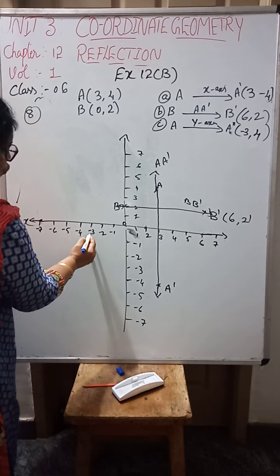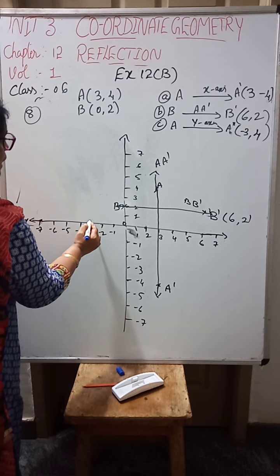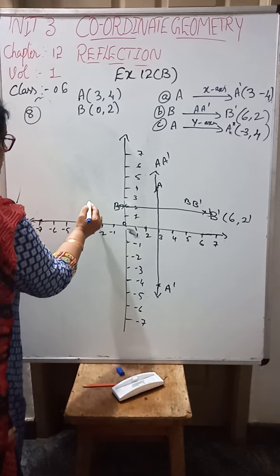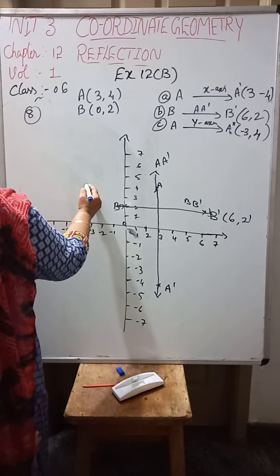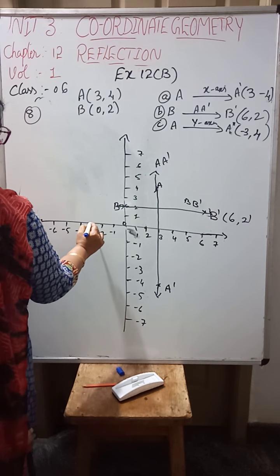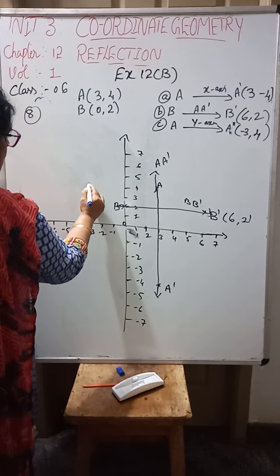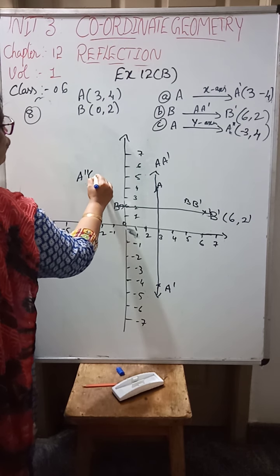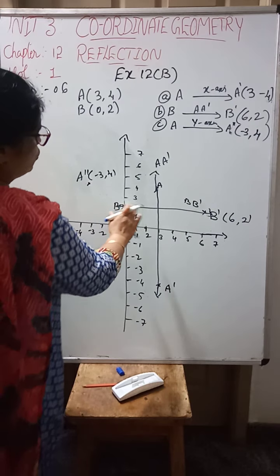Here is A double dash of (-3, 4). I think this B dash is not necessary to join.